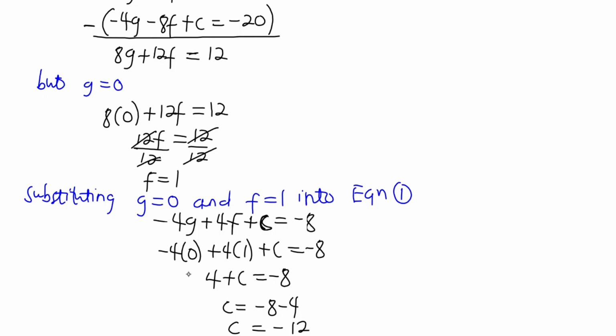So we can see that G is equal to 0, F is equal to 1, and C is equal to negative 12. So what we are going to do is substitute these values into the general form of the equation of a circle. Remember.